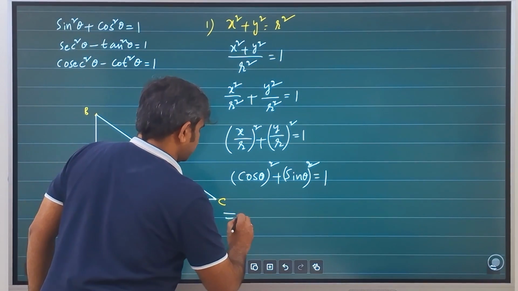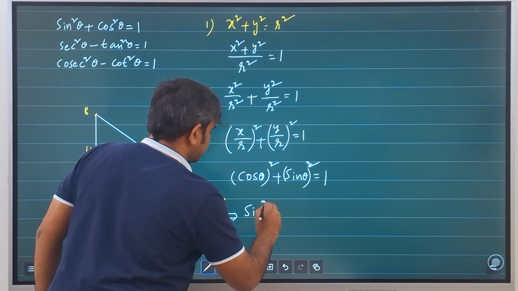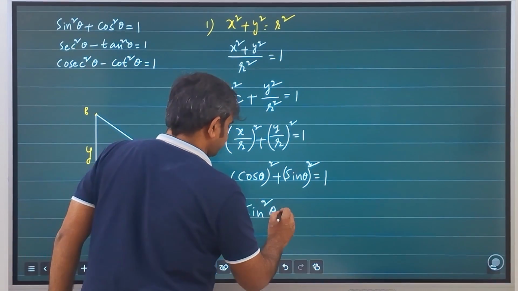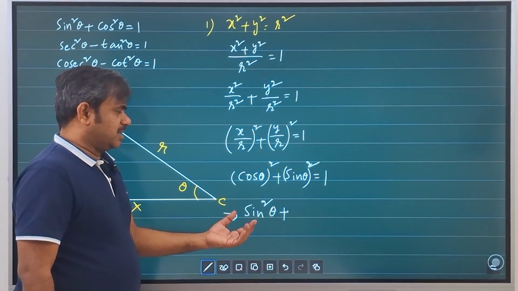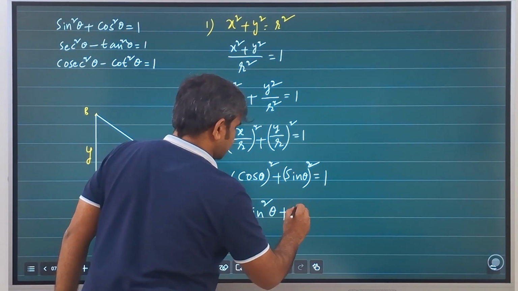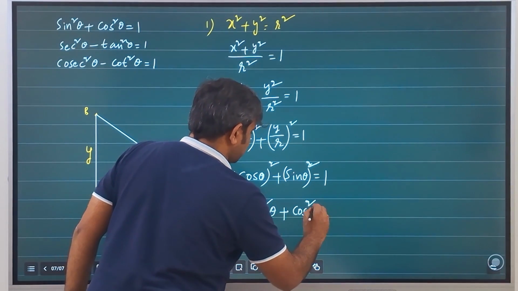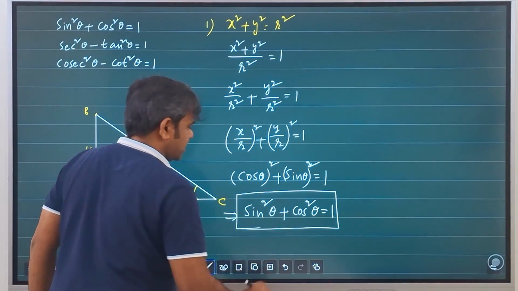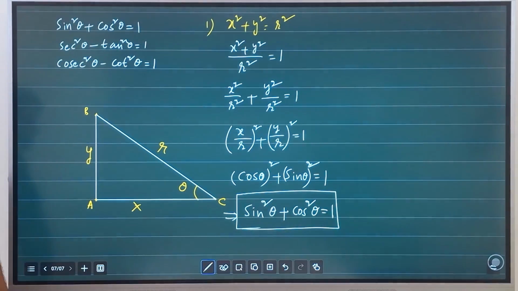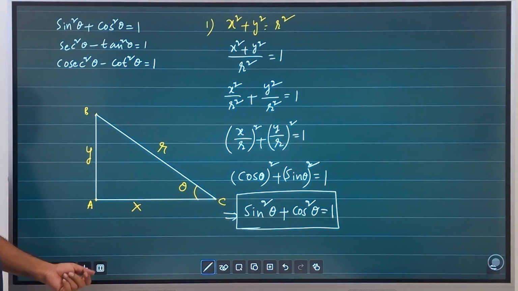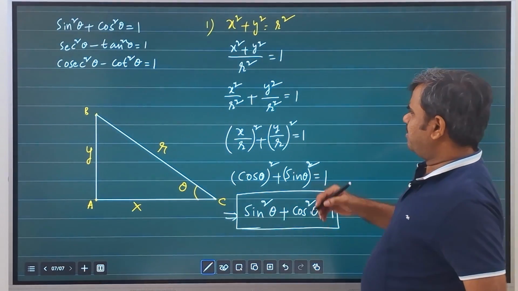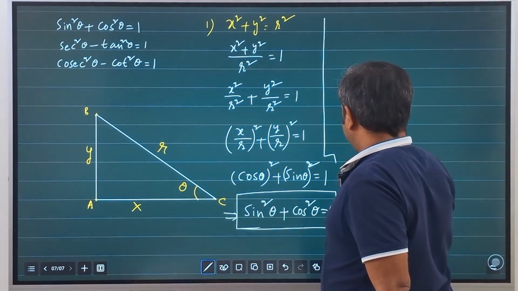So this equation can be simply written as sine square theta plus cos square theta is equal to 1. Similarly, the second and third identity also follow from the same Pythagoras theorem.